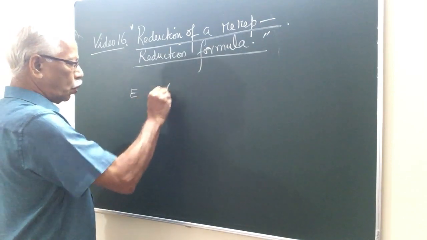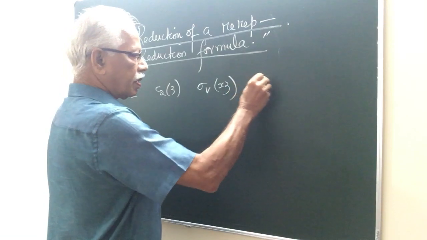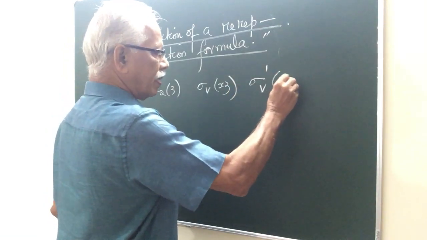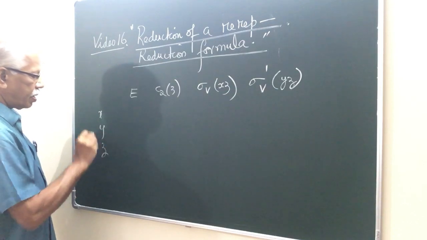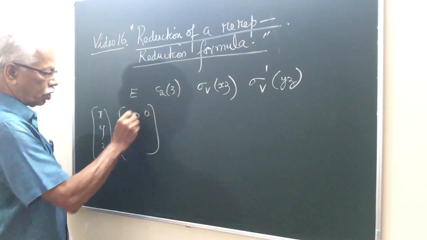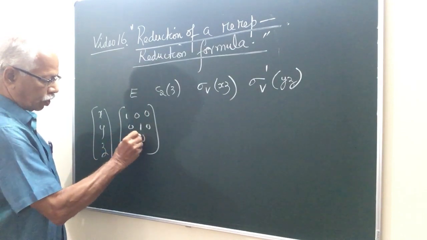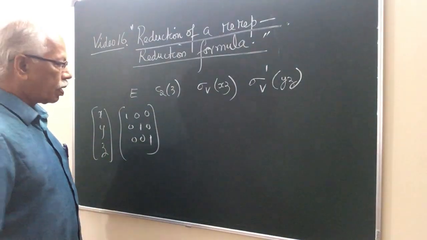Identity, C2, sigma v xz, sigma v dash yz, on x, y, z. The matrices are 1 0 0, 0 1 0, 0 0 1, a unit matrix of order 3.